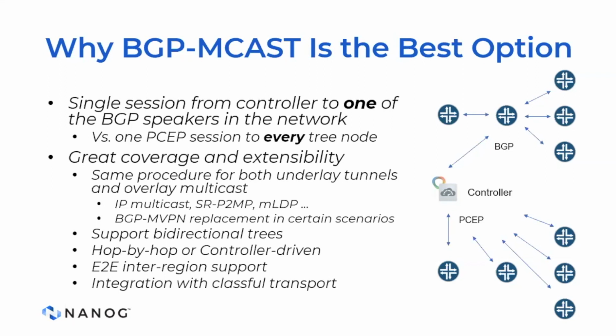It already specified how the bidirectional tree can be supported. It works for both hop-by-hop signaling or controller signaling. And it also easily fits into the end-to-end inter-region multicast tree framework and also integrates very well with Classful Transport, which we will be talking about in the next follow-up slides.